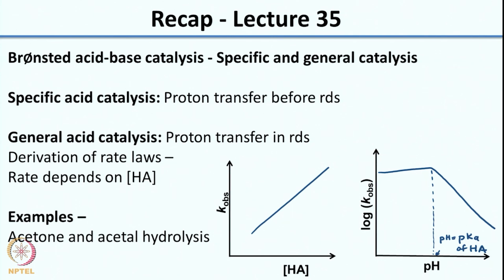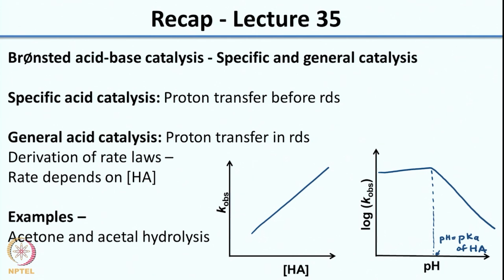As with the specific acid catalysis, here also we had looked at the rate law, and what we had seen is that the rate depends on the concentration of HA. So, if you plot k observed versus concentration of HA, you would see a steady increase. Similar trends are seen for general base catalysis as well.